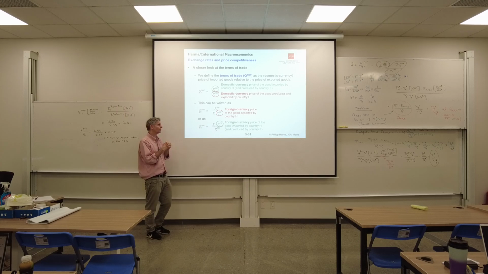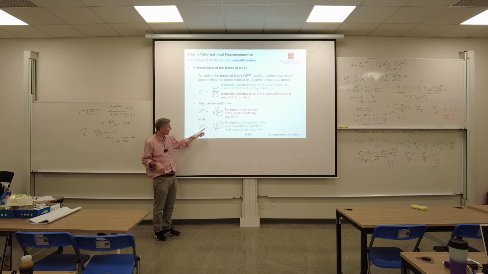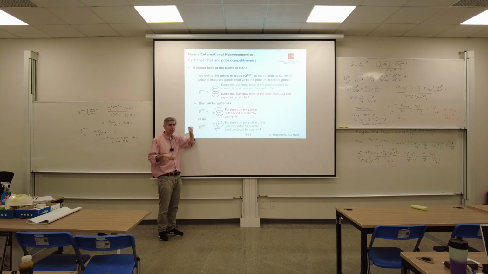Now, there's one thing that we call producer currency pricing, where firms price the good that they produce in their own currency, and then the nominal exchange rate translates it into a foreign currency. That would be this. And there's another thing that's called local currency pricing, where firms price the good that they produce in the customer's currency.